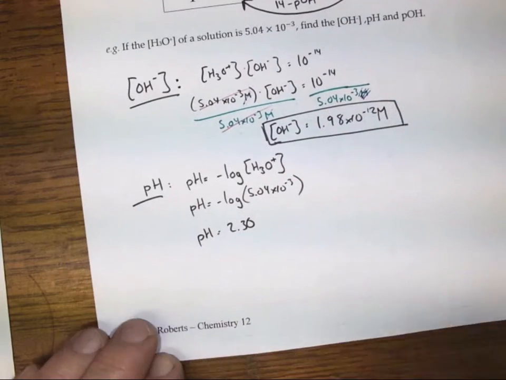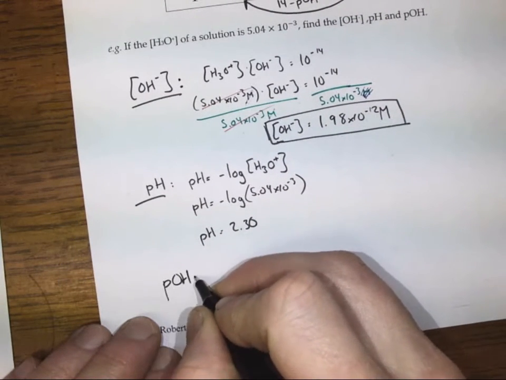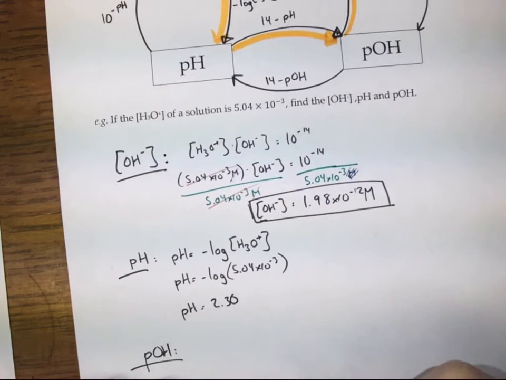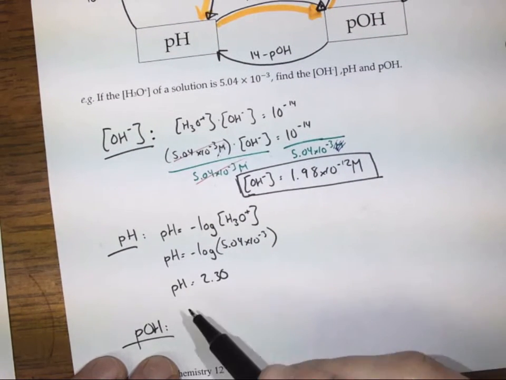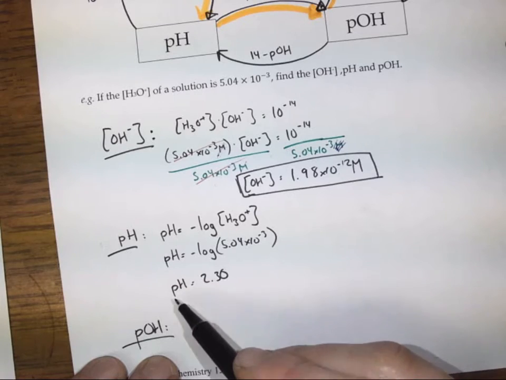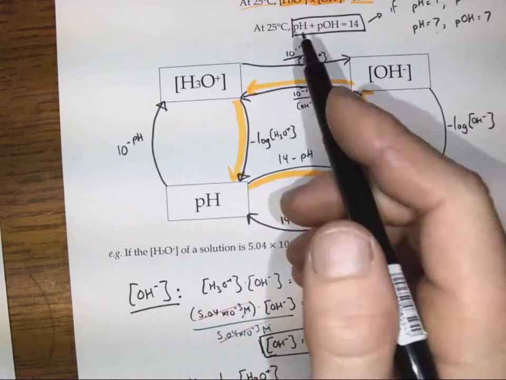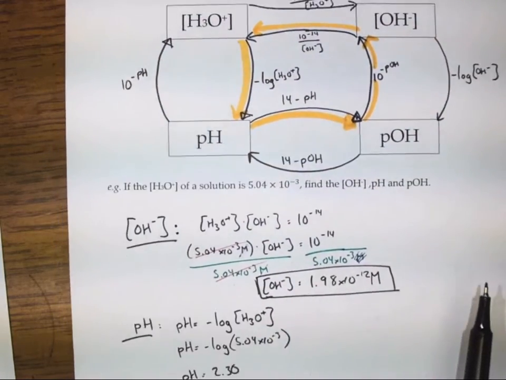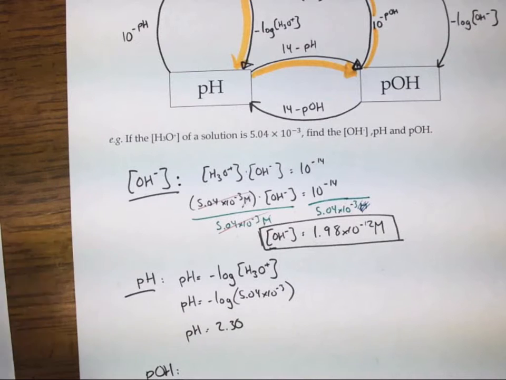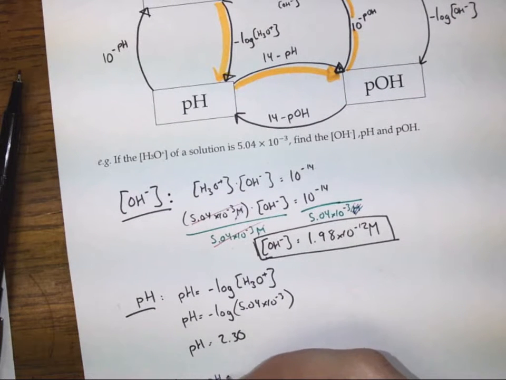All right, and lastly, we'll need the pOH. So to find the pOH, I have two options. I could use my hydroxide concentration, or I could use the fact that pOH and pH at 25 degrees Celsius add to 14. I'm going to do both, actually. First, I'll say my pH plus my pOH must equal 14, and I know my pH is 2.30, plus my pOH is going to be equal to 14.